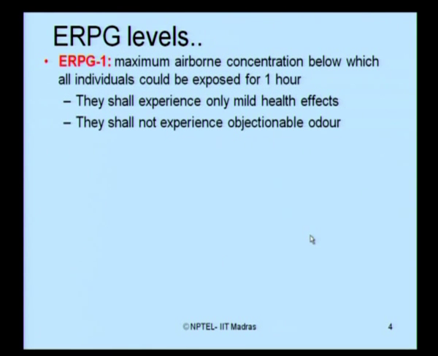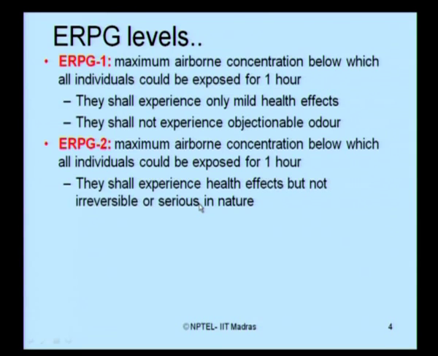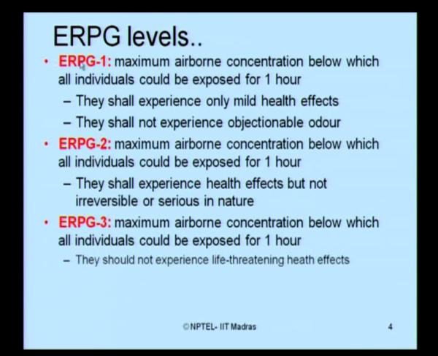ERPG levels have distinctly 3 values, what we call ERPG 1, 2 and 3. There are 3 levels by which the ERPG can be specified.